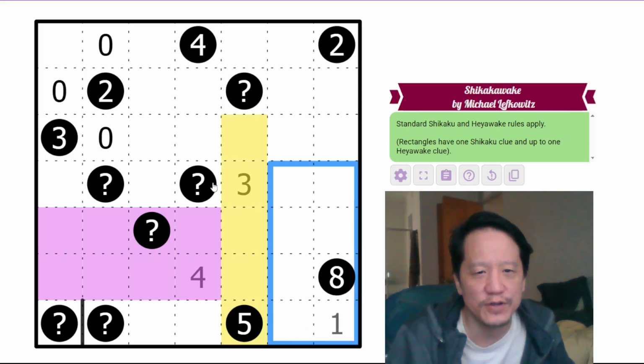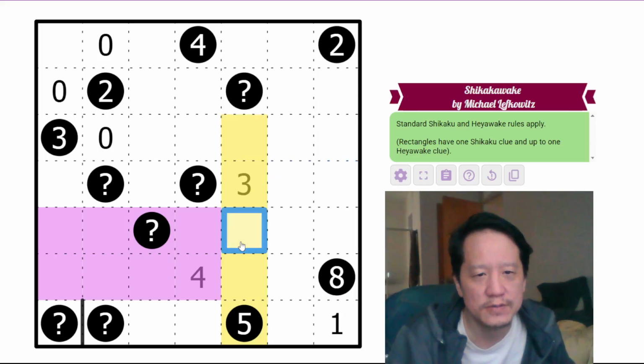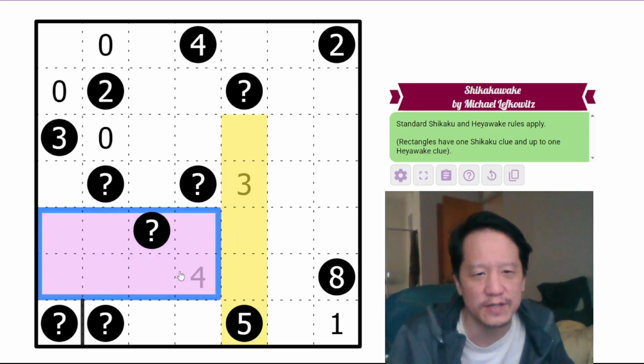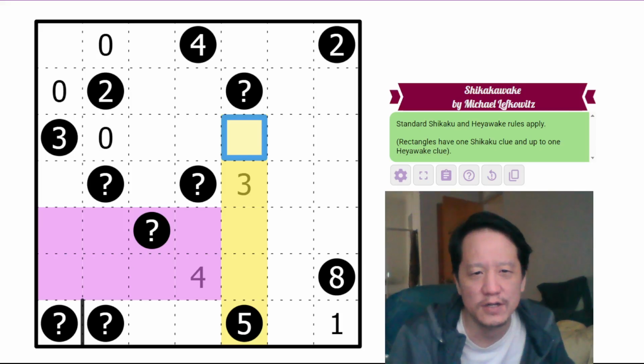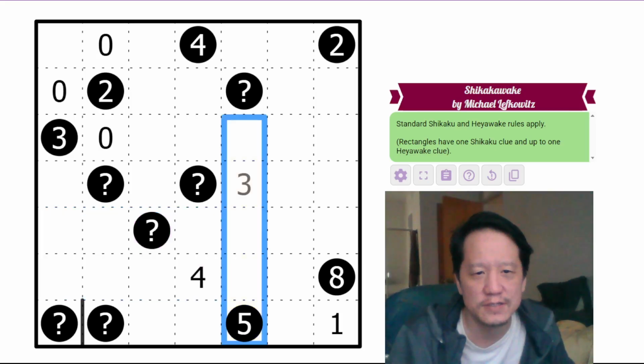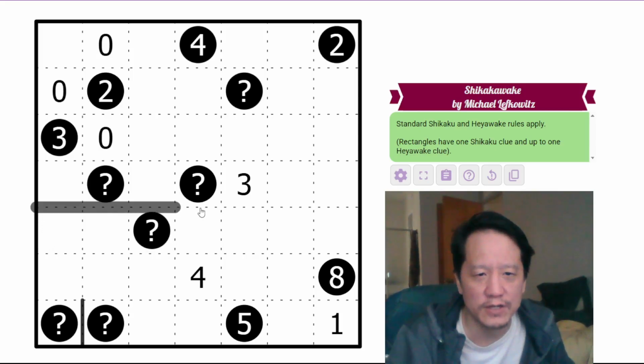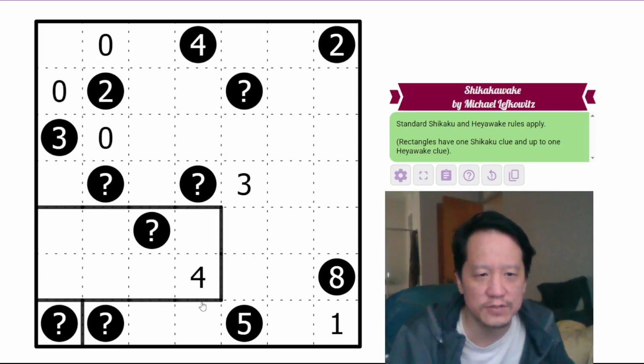If there's 3 here, that would mean this has to be 4 to make that coloring work. This would have to be shaded this way. So let's draw the rectangles then, if that were the case. We have a rectangle here, a rectangle here.